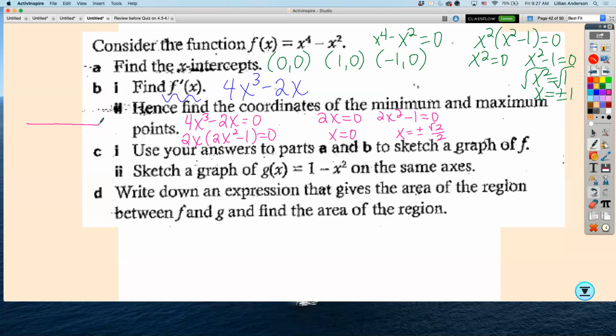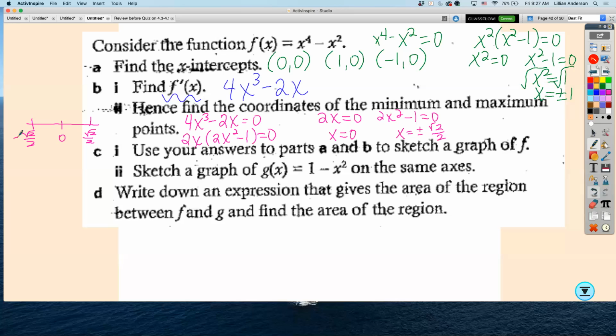I'll put it on my number line. I have 0, root 2 over 2, negative root 2 over 2. If you're curious what number is in between 0 and root 2 over 2, use your unit circle.